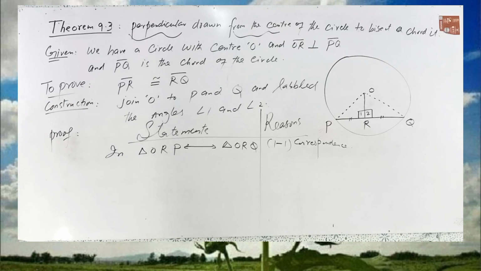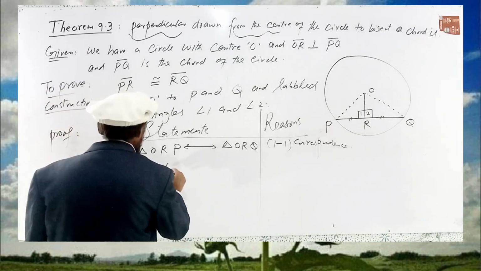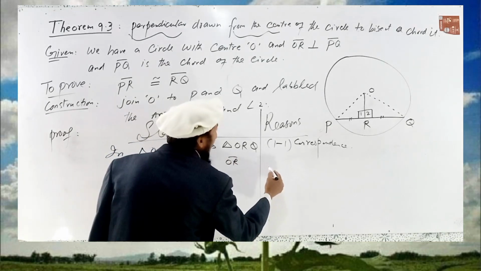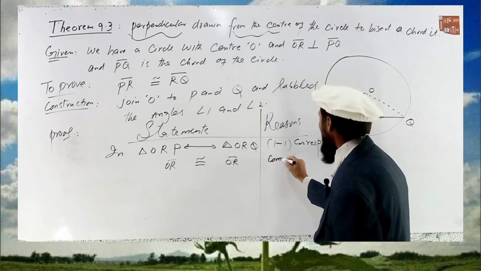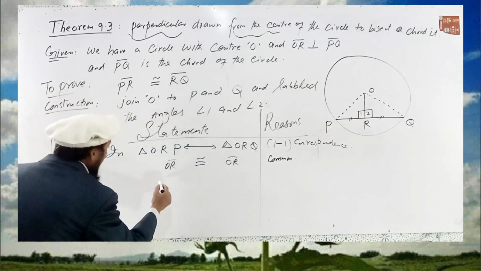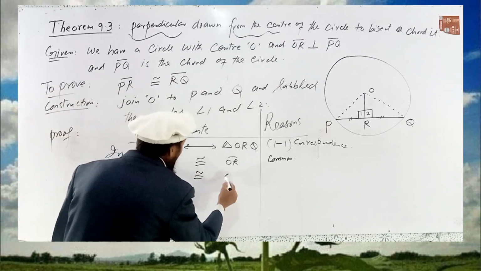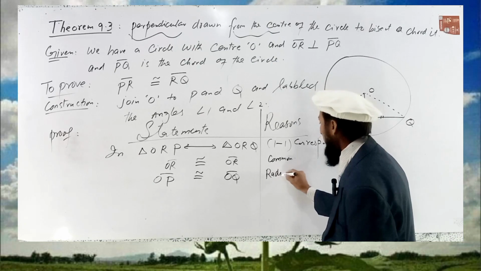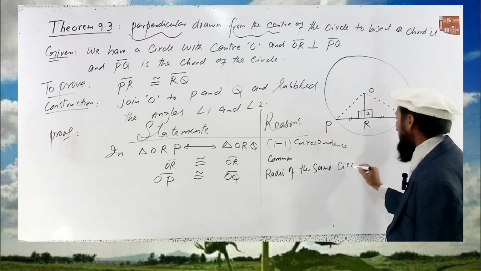OR is common. OP is congruent to OQ, radii of the same circle.